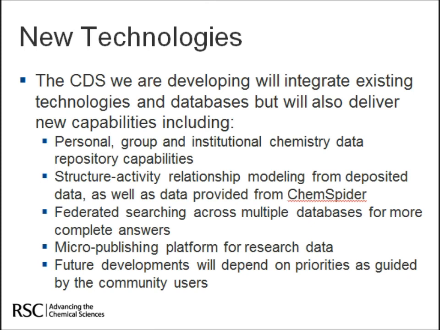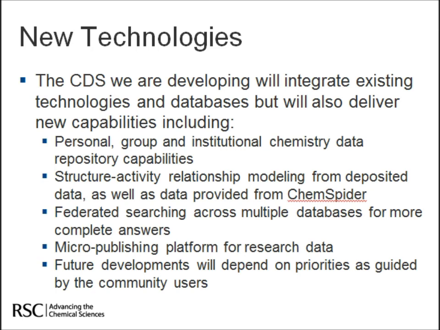We do intend to deliver the ability to provide SAR modeling, structure activity relationship based modeling, from deposited data from the community as well as from data that we will pull from the ChemSpider database. We will do our best to provide federated searching across multiple databases. We'll also provide a micro-publishing platform for research data.